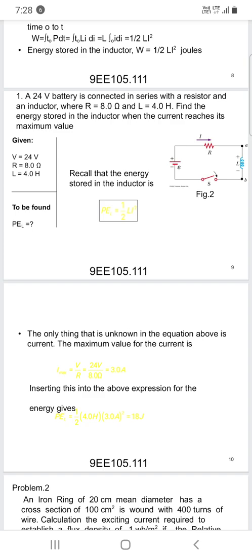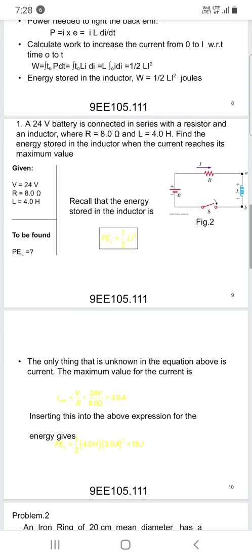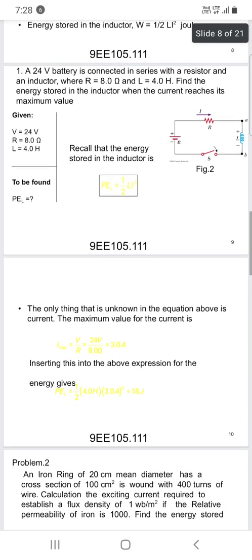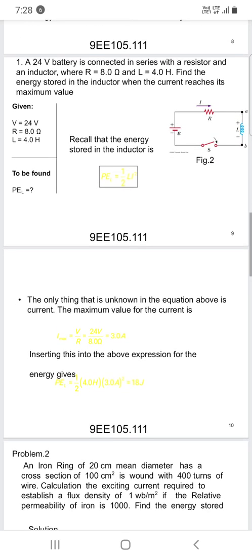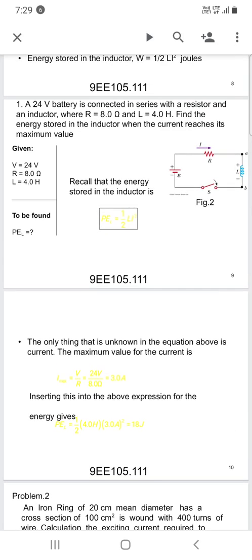Here a 24 volt battery is connected in series with resistor and inductor. Next, the resistor value is equal to 8 ohm and the inductor value is equal to 4 Henry. So what is the energy stored in the inductor when the current reaches the maximum value?